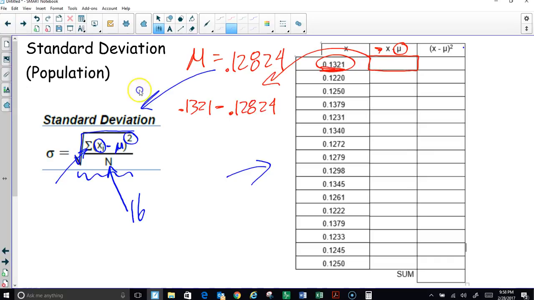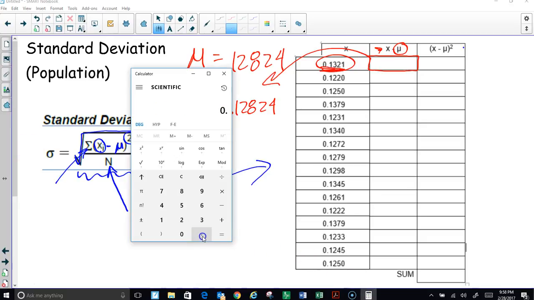So I do that on my calculator: 0.1321 minus 0.12824 equals. I'm going to write that number down in that box. So that's going to be 0.00386.